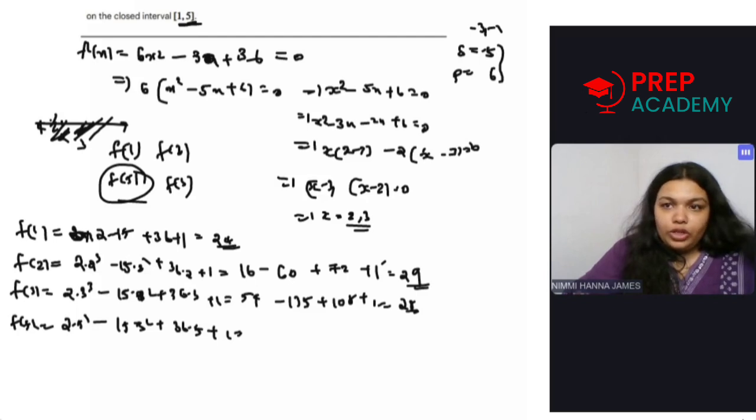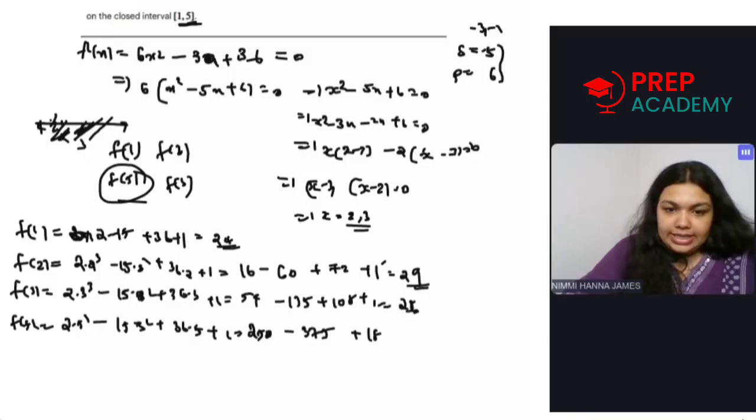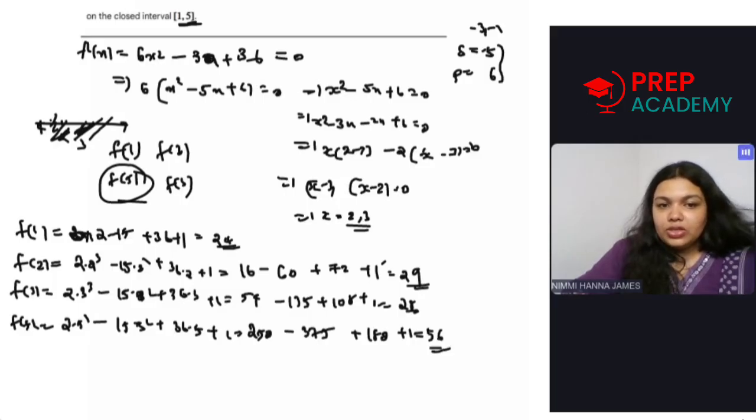So 2 into 5 cube, that is 250, minus 15 into 25, 375, plus 36 into 5, it is 180, plus 1. So after solving this, we get 56.